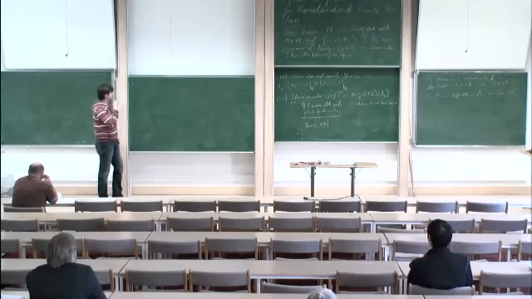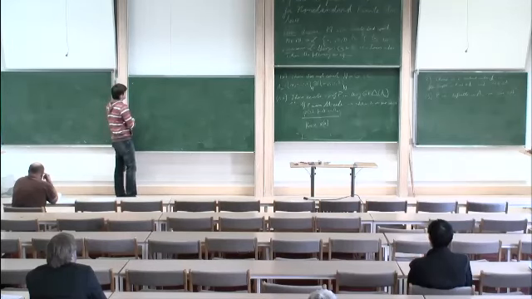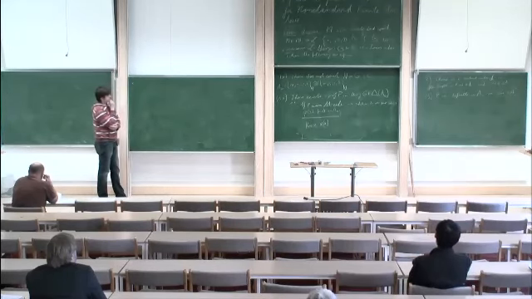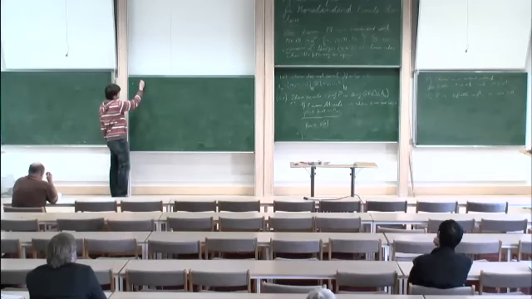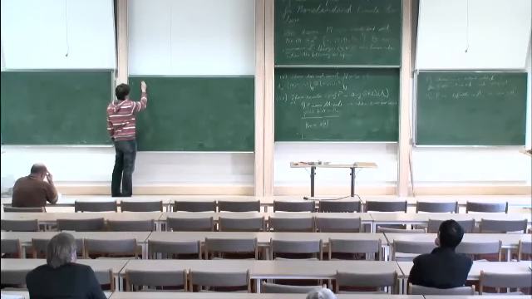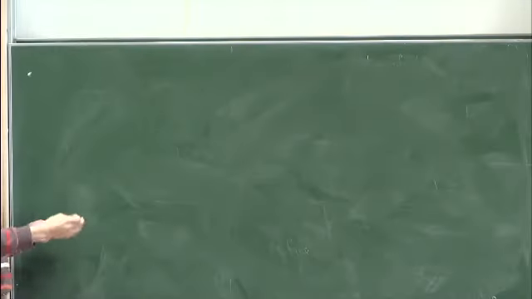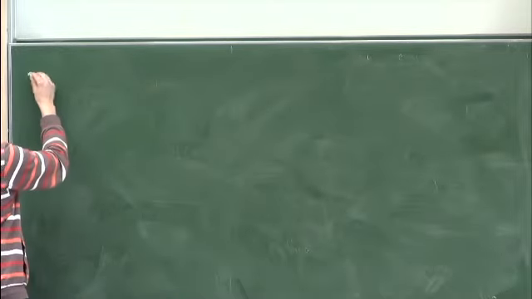So, first example would go like this: if we can arrange the following setting, which I will describe, then we would be able to prove NP doesn't equal co-NP.